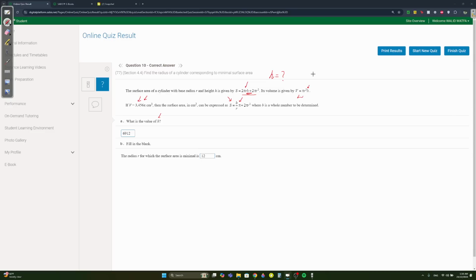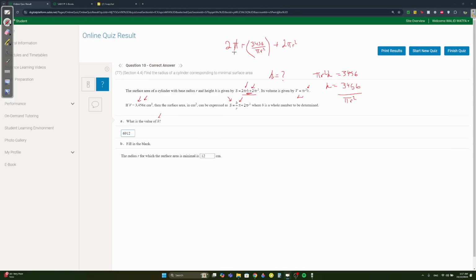I can easily find h. Pi r squared h, the volume, is equal to how much? 3456. So can't I find h? It's 3456 over pi r squared. So I go back here and substitute 2 times pi times r times the h, plus 2 pi r squared.